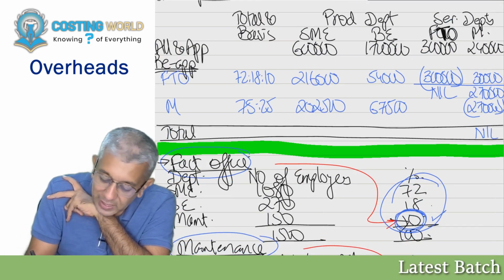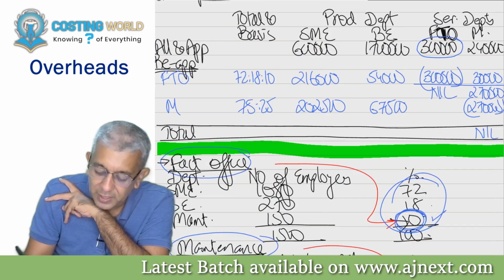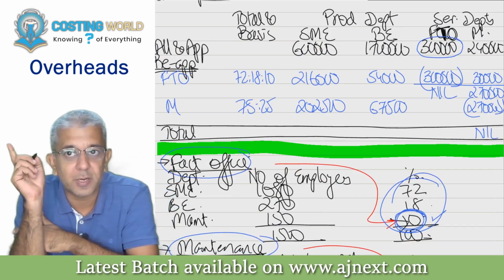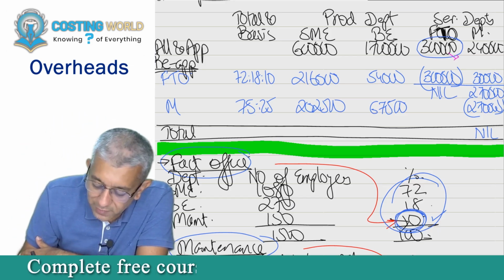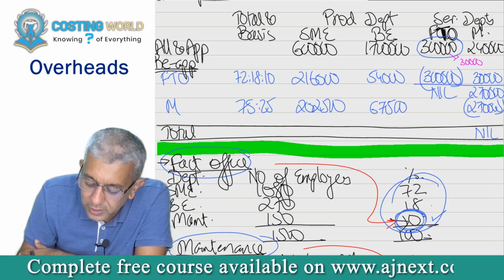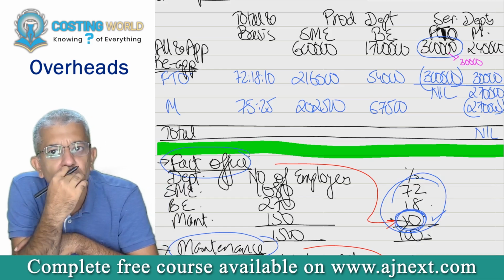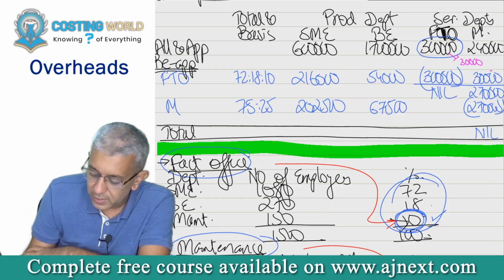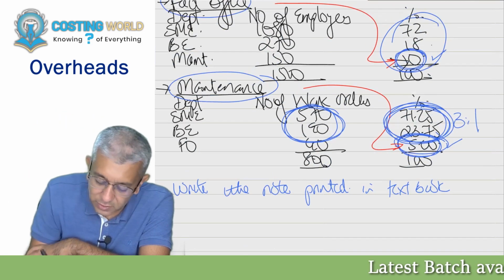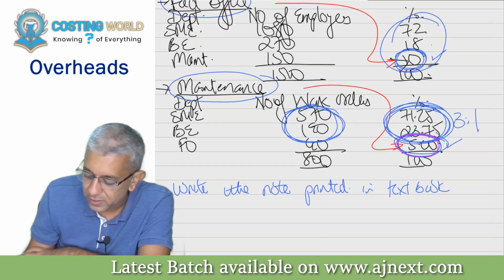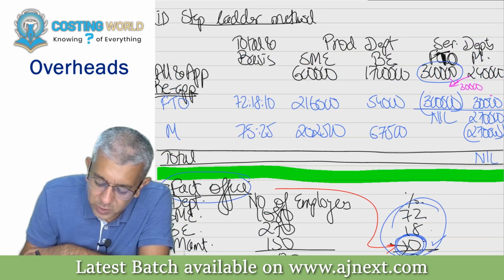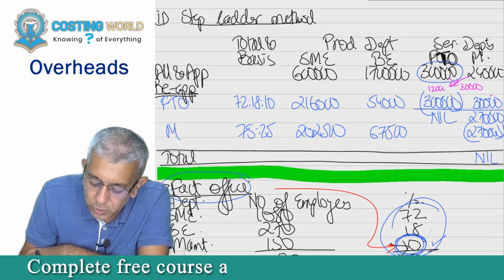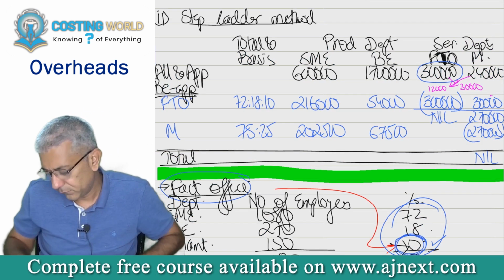Can we say 10% of factory office goes to the maintenance department? Yes, sir. Okay, so can we say that amount will be coming to 30,000? Is that okay? Yes. That is what you wrote over here. And can we say maintenance serves factory office to the extent of 5%? So, can we say 5% of this particular figure will be 12,000, no? Yes.